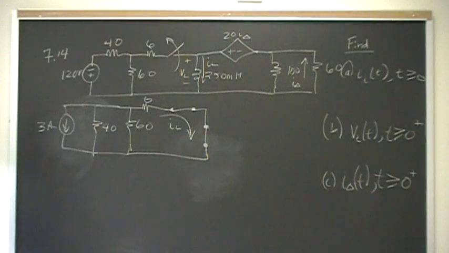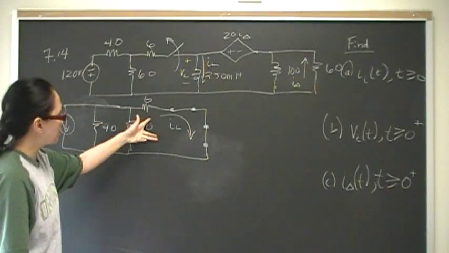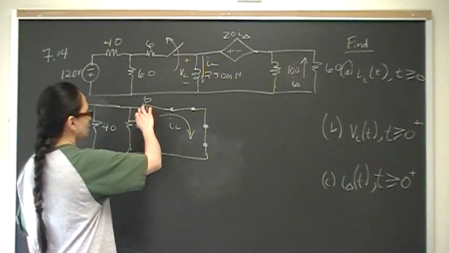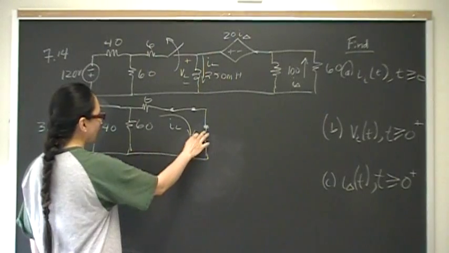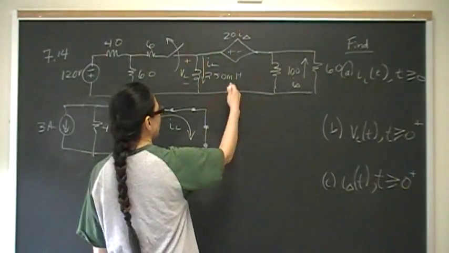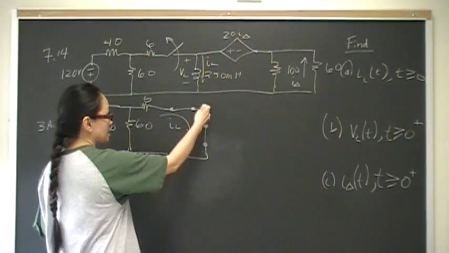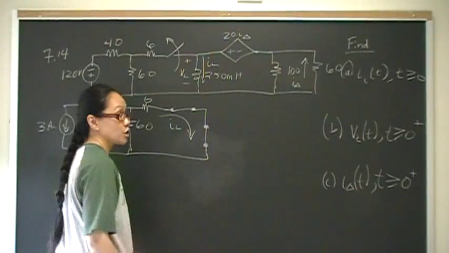So let's rethink this circuit. So now I have 40 in parallel with 60 in parallel with 6. So this is really just a parallel connection because our inductor is a short. And we don't need to worry about the rest of the circuit before the switching happens. The reason is because the inductor is a short, so it's like the rest of the circuit doesn't exist.